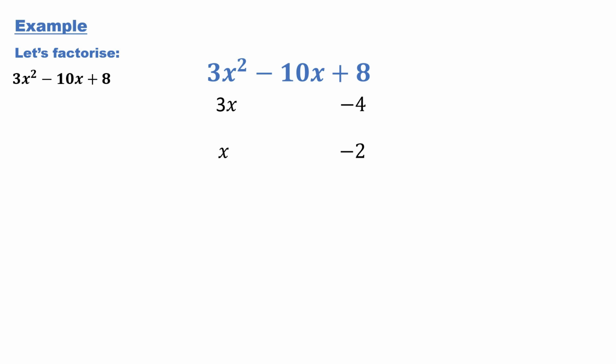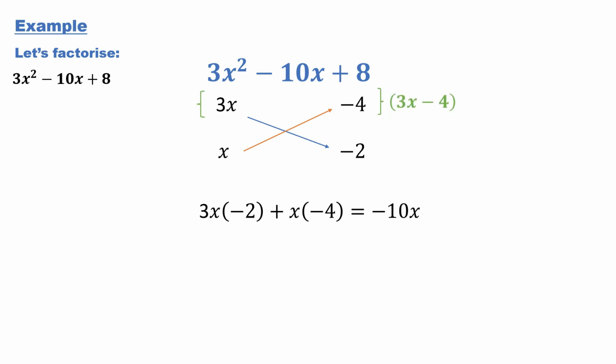If we do cross multiplication, we get 3x times minus 2 and x times minus 4, which is minus 6x plus minus 4x, which is equal to minus 10x. So, from the first row we can now get 3x minus 4, and from the second row, x minus 2. Hence, our answer is 3x minus 4 in brackets and x minus 2 in brackets.